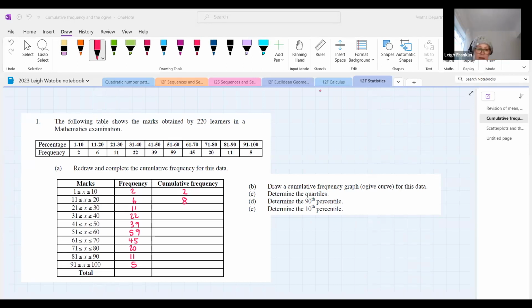So what does it mean if there's a cumulative frequency of 8? What does that mean for us about the data? Can anybody tell me? What does it mean if there's a cumulative frequency of 8?